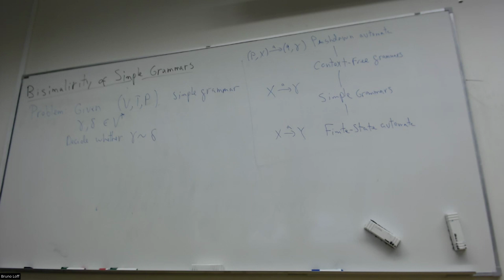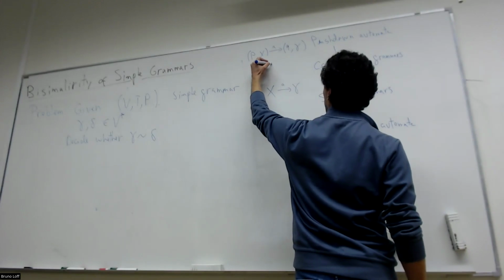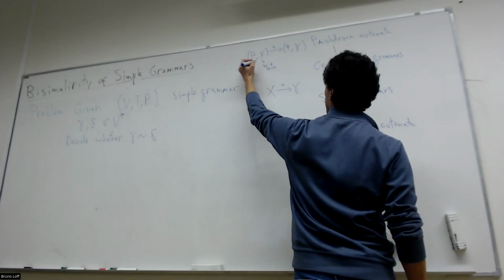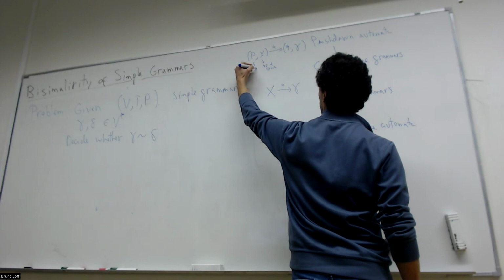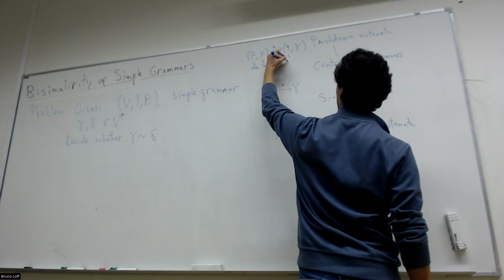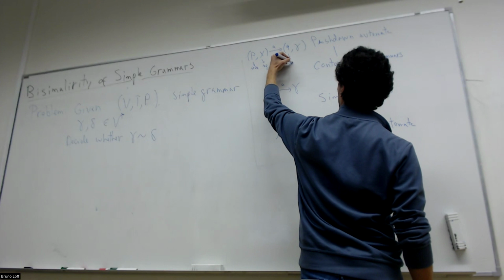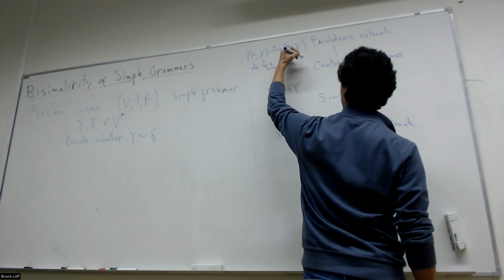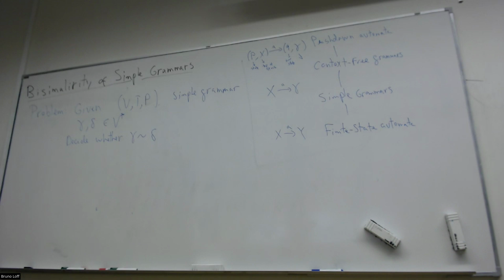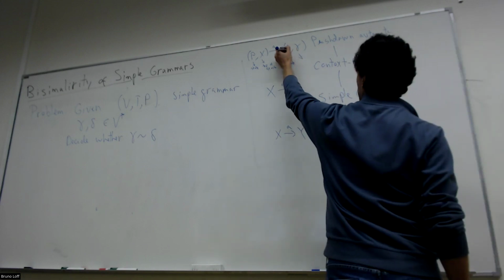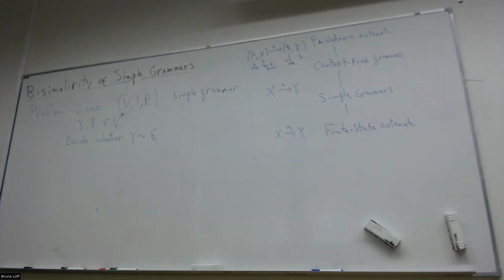So sorry, say again, T, X, remind me again, T is the stack? Yeah, so this will be the symbol at the top of the stack. And this is the state. And this will be the new state. That's Q, right? Yeah, that's a Q. Sorry.